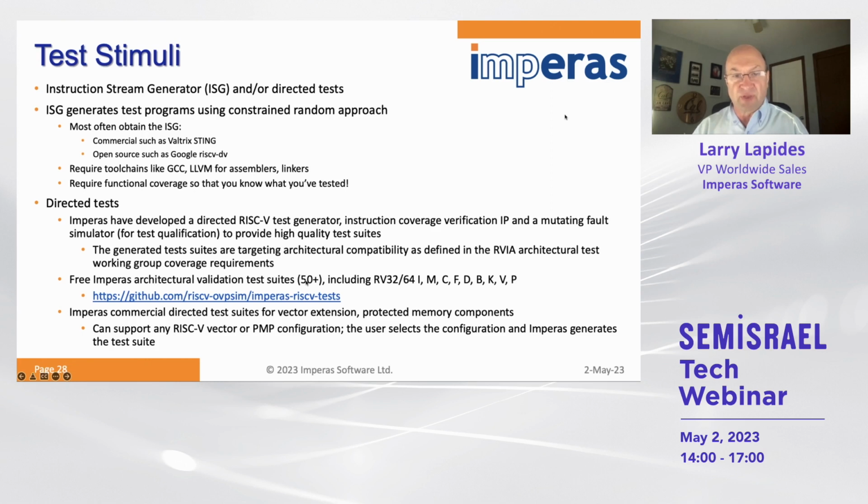There are over 50 of these for RV32, RV64, and the basic instruction sets. And these are available at no charge at this GitHub repo. And then we've also got commercial directed test suites for the vector extensions and for protected memory components.